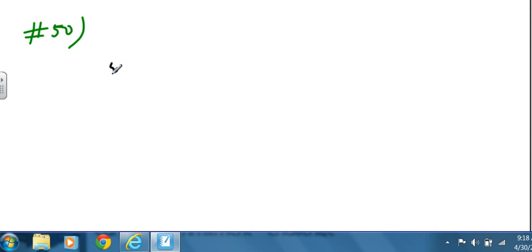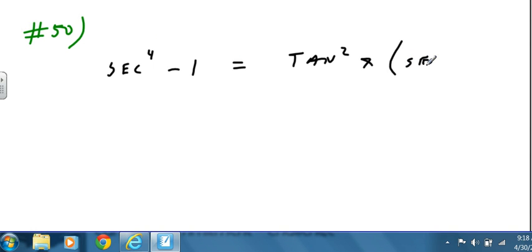The secant to the 4th power minus 1 is supposed to be the tangent squared x times secant squared x plus 1. Okay, well, what are we going to do about that?